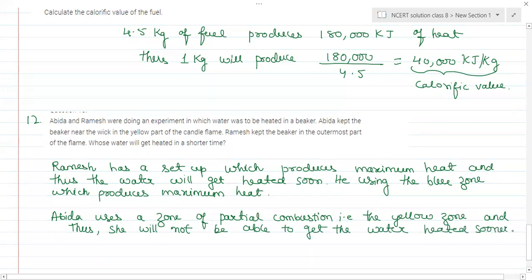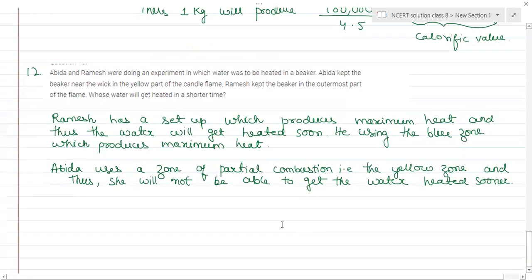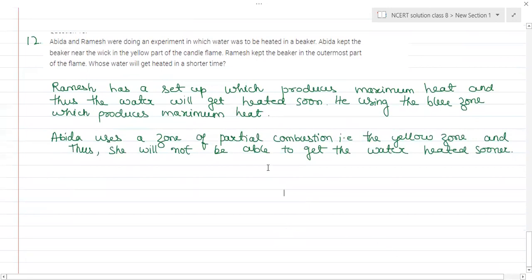Now you can use your own language for this, but this is the answer where you have to mention that the blue zone gives maximum heat and the yellow zone does not give as much heat as required.